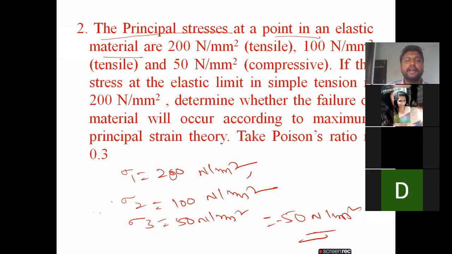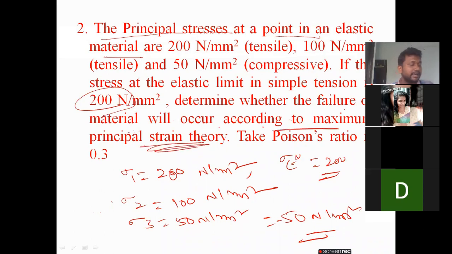Again they gave the value for simple tension, sigma t star equal to 200. Determine whether failure of the material will occur according to the maximum principal strain theory. Take Poisson's ratio mu equal to 0.3.